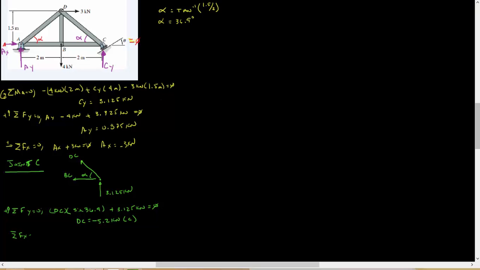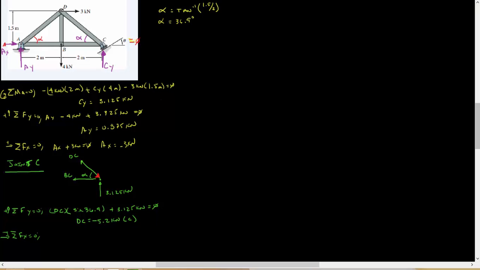Sum my forces in the x. Now, since DC is actually negative, we're going to be looking at it going in this direction. So when I sum my forces in the x, I am going to say that DC is actually positive. So I change the direction. Or I could do the whole double negative, right?